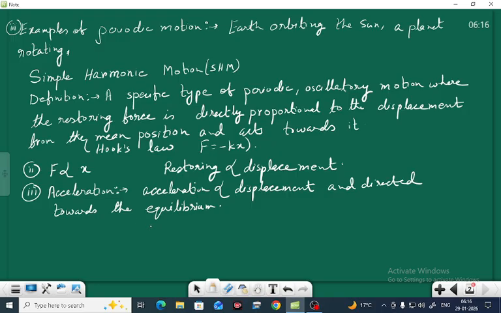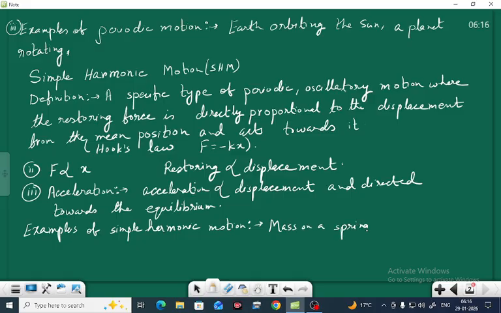So to remember all these relations, now we're going to give some examples of simple harmonic motion. What are the different examples? Suppose a mass on a spring.